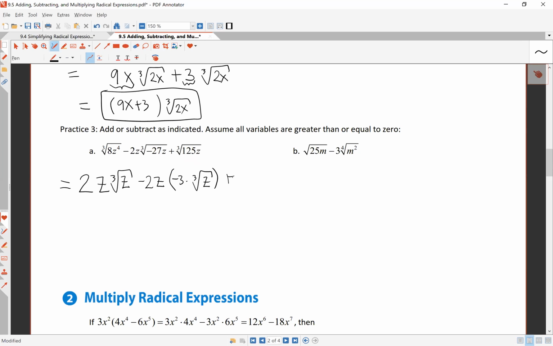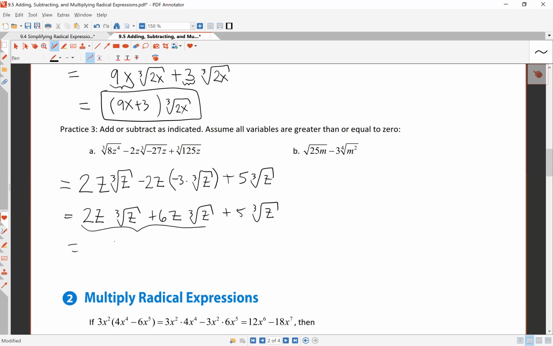The cube root of 125 is 5, and the z will stay under. So we have 2z cube root of z, and this becomes plus 6z cube root of z plus 5 cube root of z.